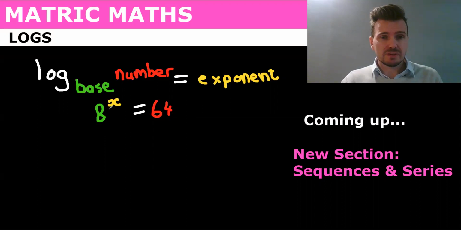So say we're given 8 to the x equals 64. Well, we know that 8 to the power of 2 is 64. But say we just wanted to use our log rule, log base number exponent. So it's going to be log, base, which is 8, the number, which is the number by itself, 64, and then the exponent, which is x.